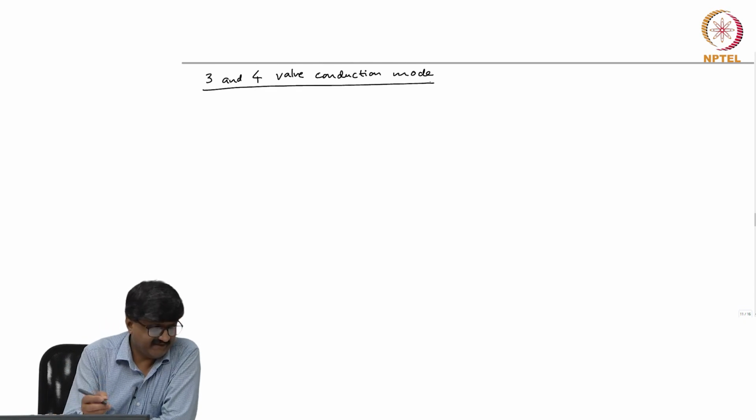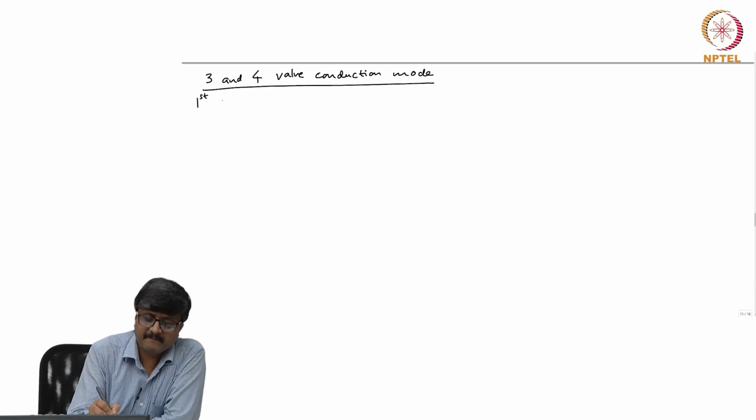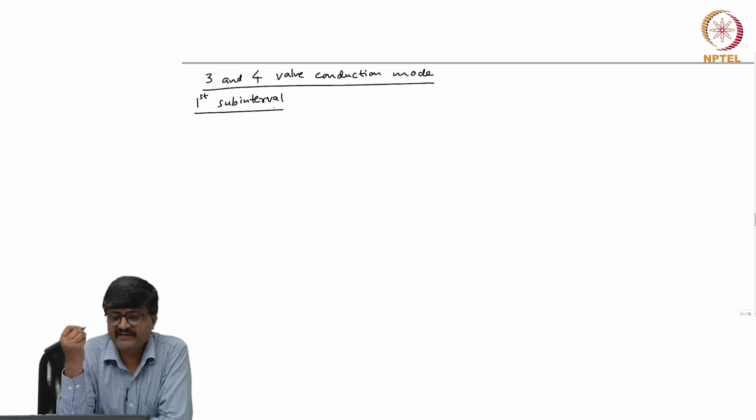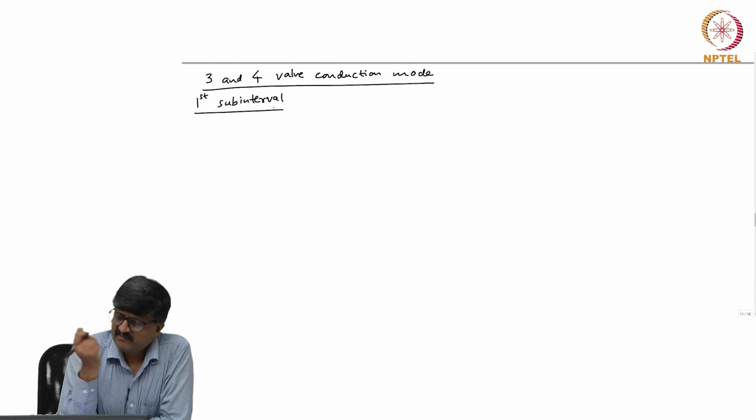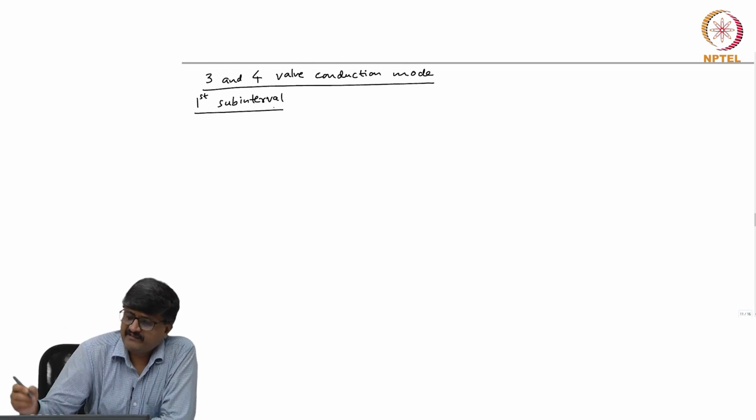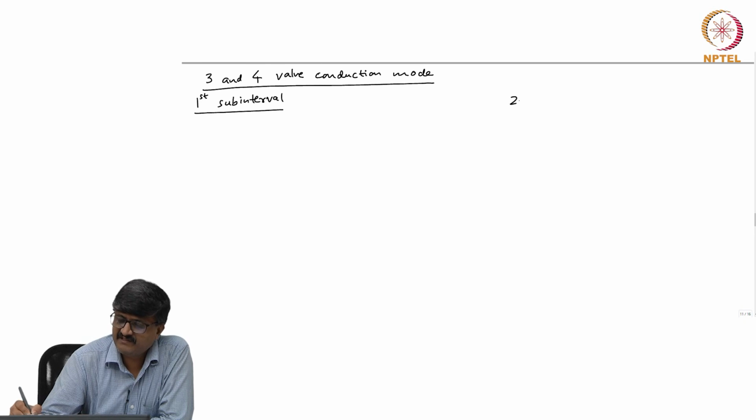So, if I take the first subinterval, this is similar to the 3 and 4 valve conduction mode of the circuit without resistance. So, the only change now is the presence of resistance.